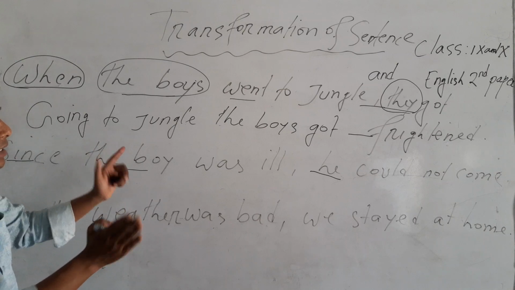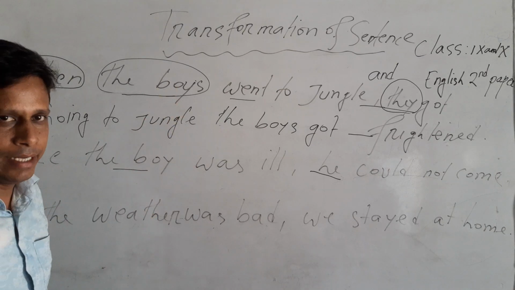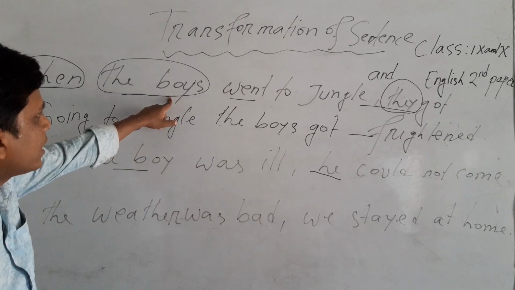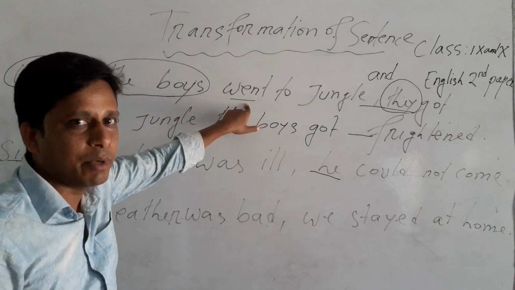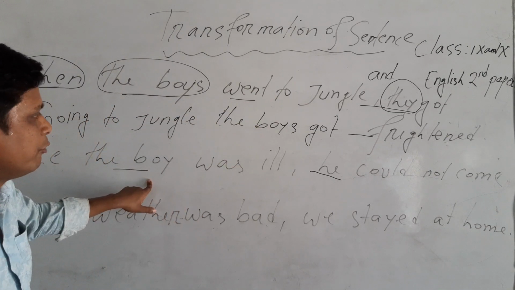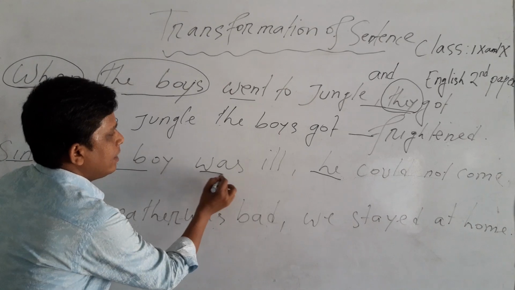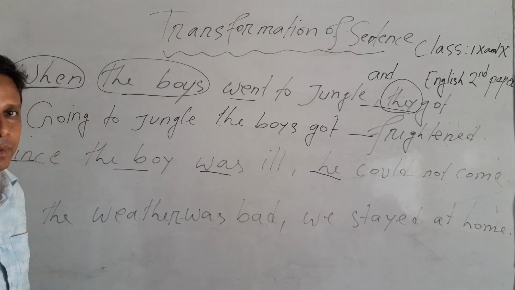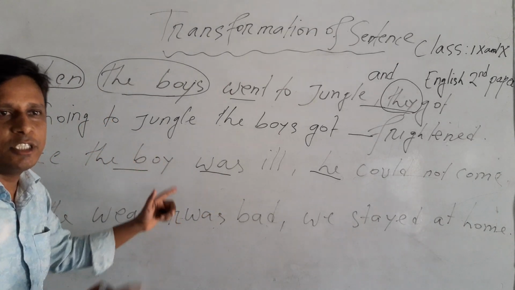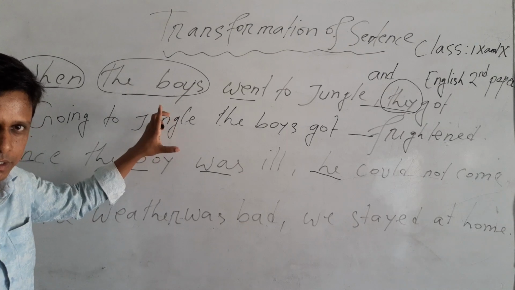Then what is the difference between these two sentences? You will notice after the subject there was a principal verb, but here you notice that there is an auxiliary verb. This is the main difference between these two sentences.